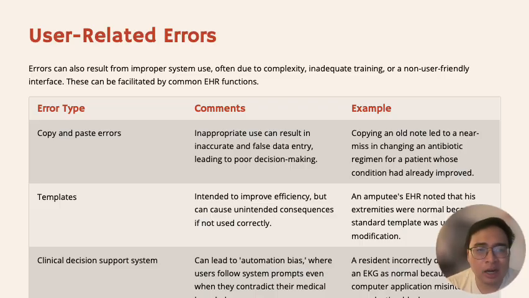So, for example, an amputee's electronic health record noted that his extremities were normal because a standard template was not modified. Okay, so kapag ganon, putol na pala yung paa, tapos nakalagay pa rin doon sa peripheral vascular examination niya halimbawa ay normal, no? Yun. Kailangan mo kasing i-edit yung mga template na yan. So in the next slide, let's look at error types 3 and 4.